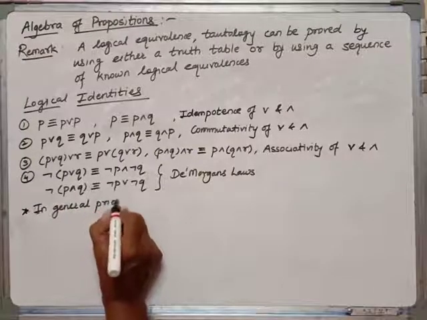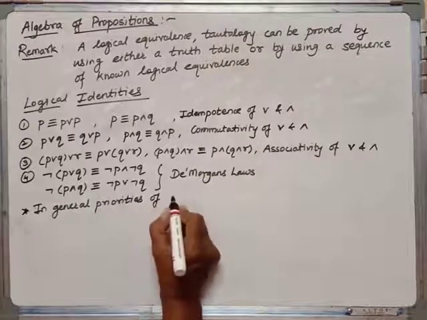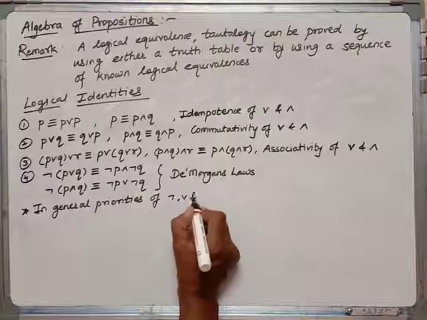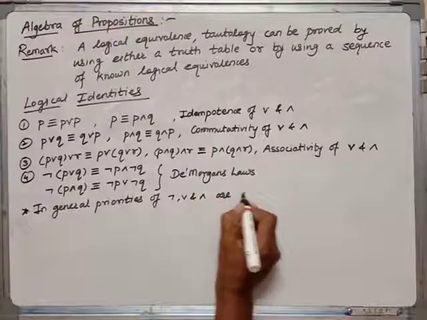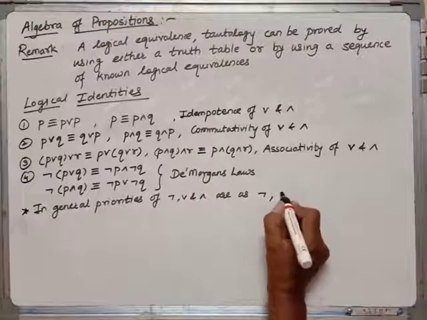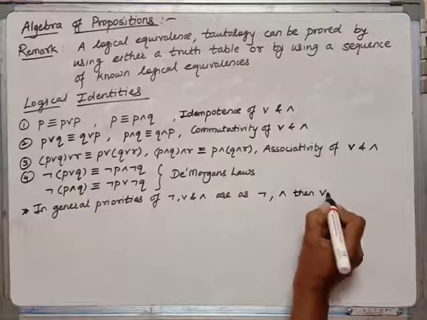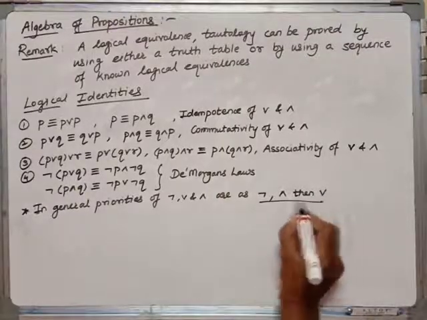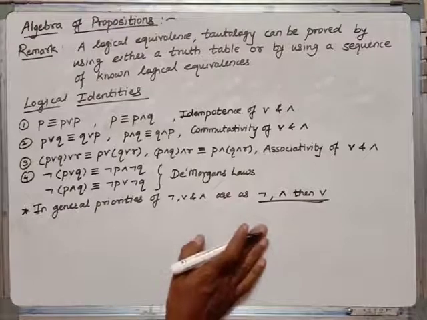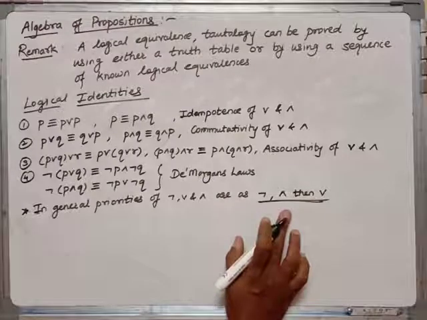Priorities of negation, or and and are as follows: first of all we have to use negation, then and, and then or. Remember this thing. Now this is used only when all three are used. That time remember about these priorities.